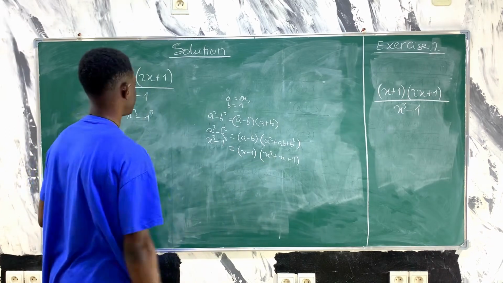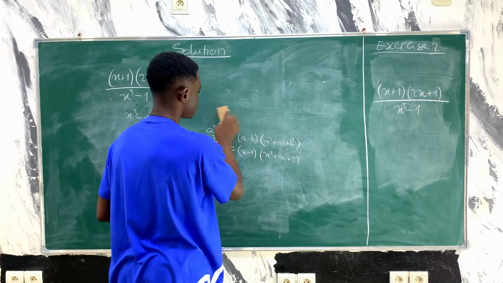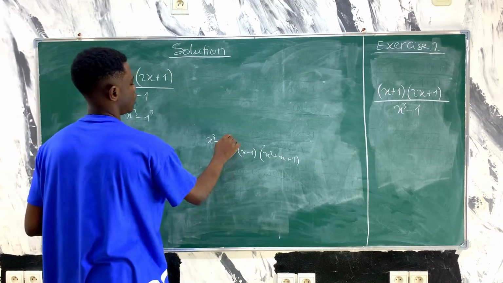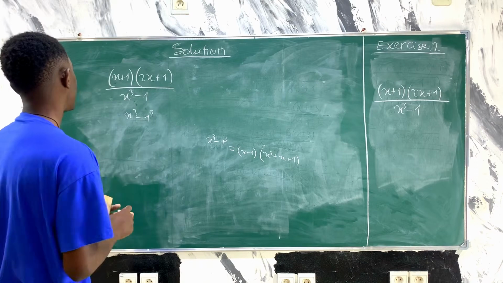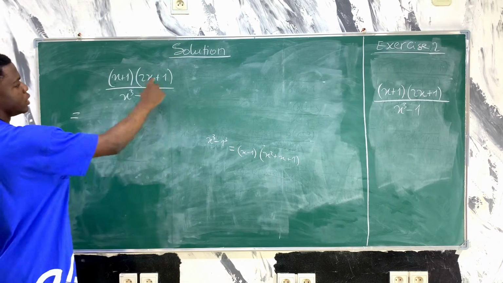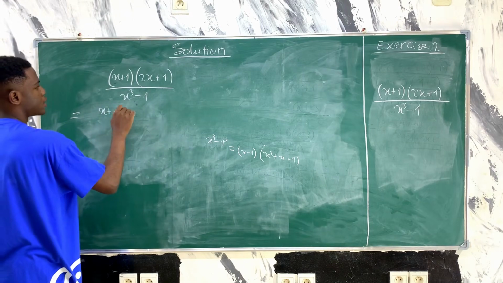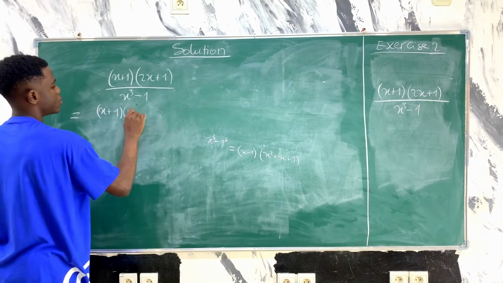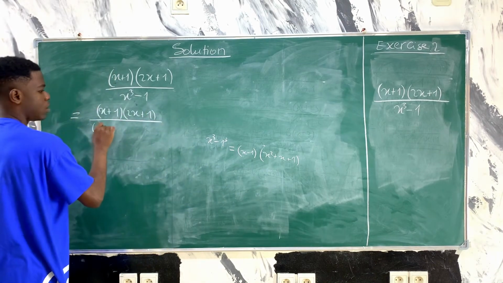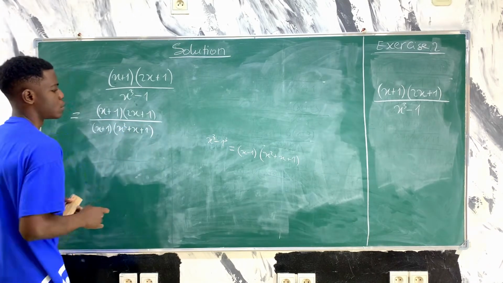So this is the denominator. You can see that this is equal to x minus 1 into x squared plus x plus 1.